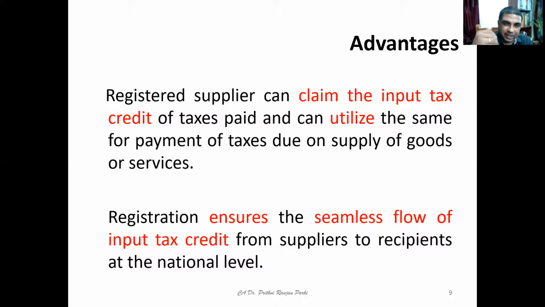And this registration ensures seamless flow of input tax credit. So one person's input tax credit gets adjusted against another person's output tax, or the same person's output tax. Then that also becomes input tax credit for some other person. So like this, the input tax credit gets utilized.